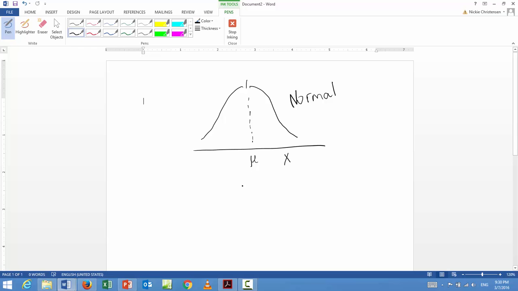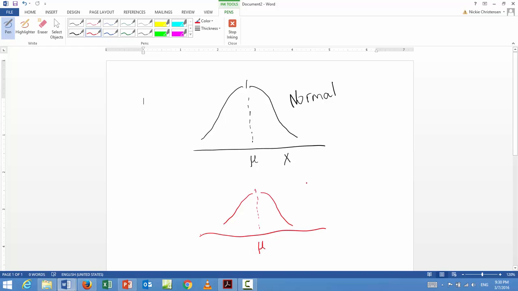Maybe I should change the color now to talk about the standard normal. The standard normal distribution also has all those characteristics. It's centered over its mean, bell-shaped, total area under the curve is 1, it's asymptotic, the tails never touch the x-axis. The fatness of the curve is determined by its standard deviation.